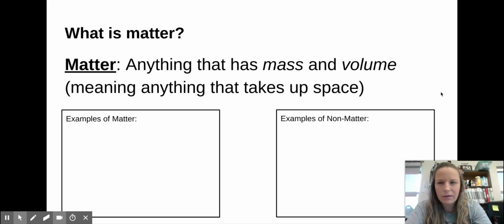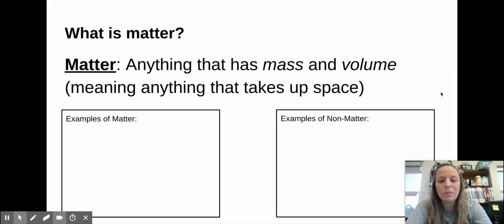Don't use the ones I gave you. And at least 3 examples of things that are not matter. That one's hard. Something that does not take up space, doesn't weigh anything. Perhaps it's not something at all.